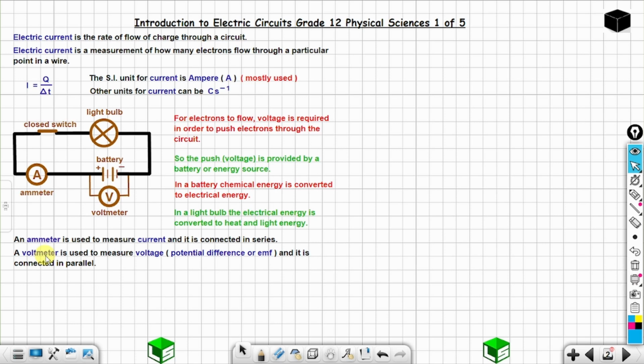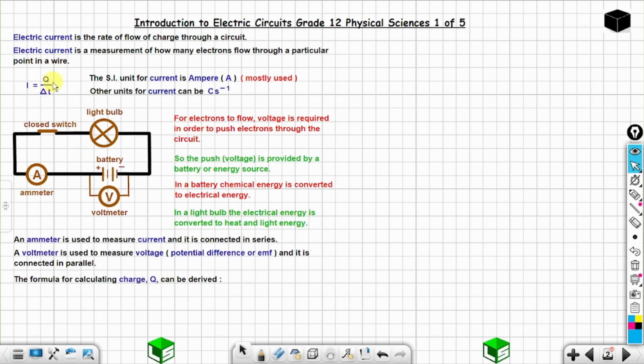So we carry on. The formula for calculating charge can be derived from this formula. We use Q to represent charge.